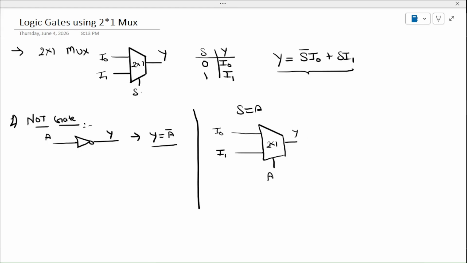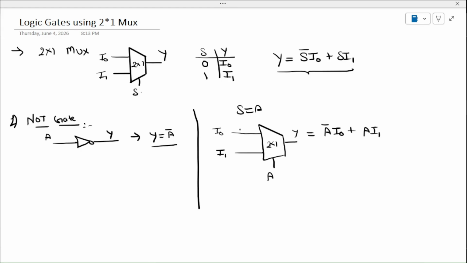Suppose if my A is 0, then I0 will be transferred. I want that A bar will be transferred to the output when A is 0. So the equation will be A bar I0 plus A I1.